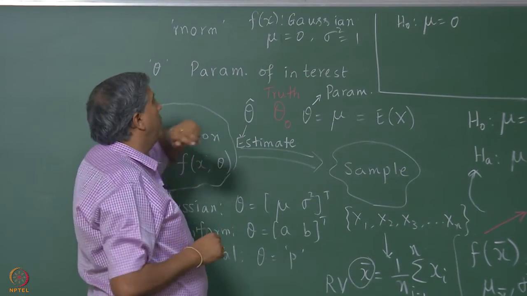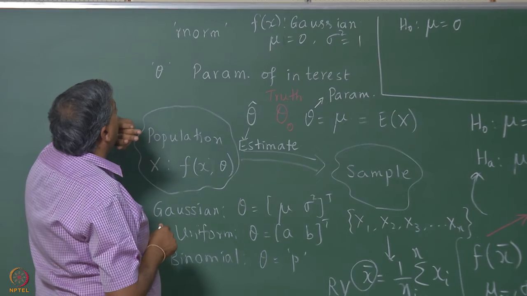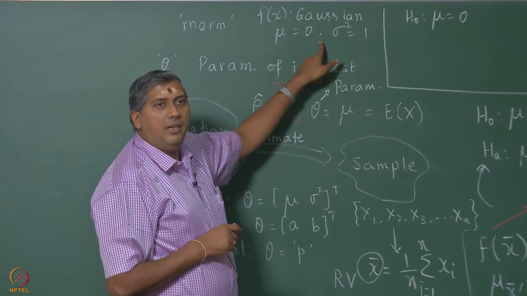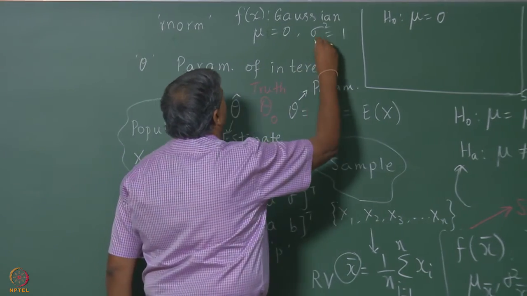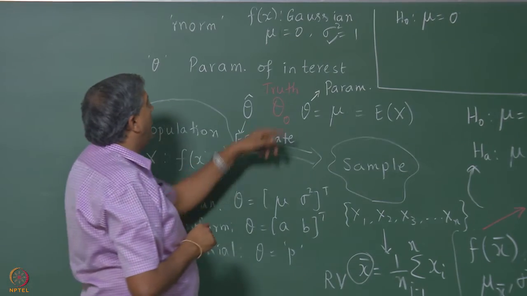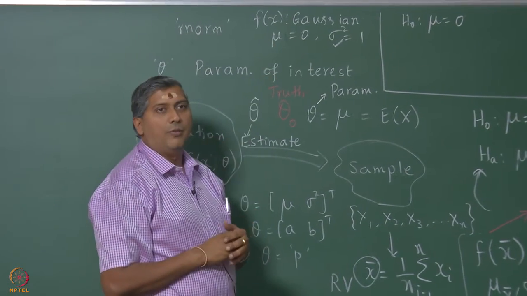Now, suppose I want to test this claim that truly rnorm is getting numbers from this population with mean 0. I will assume that sigma square is 1, I have no contention about that, but the only contention that I have is mu is 0.